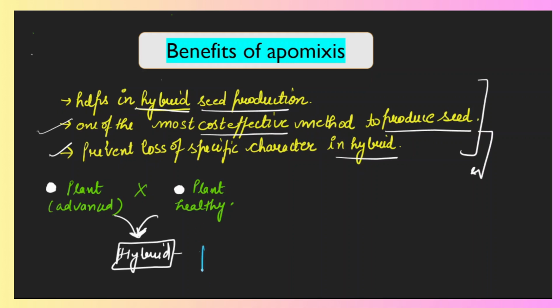This is the hybrid plant which contains both advanced characters and healthy characters, and this type of plant is called a hybrid.